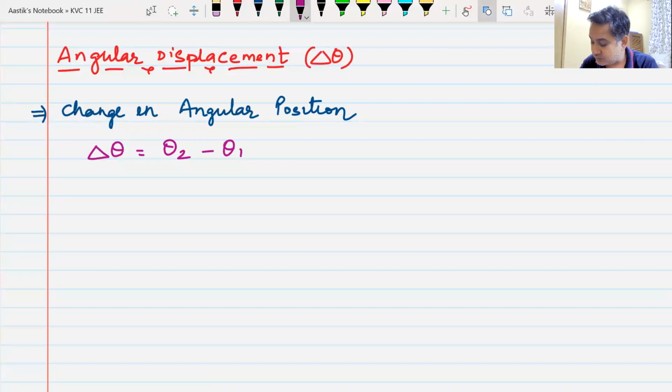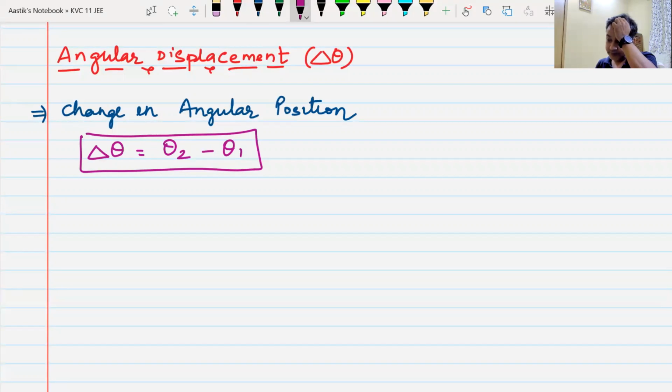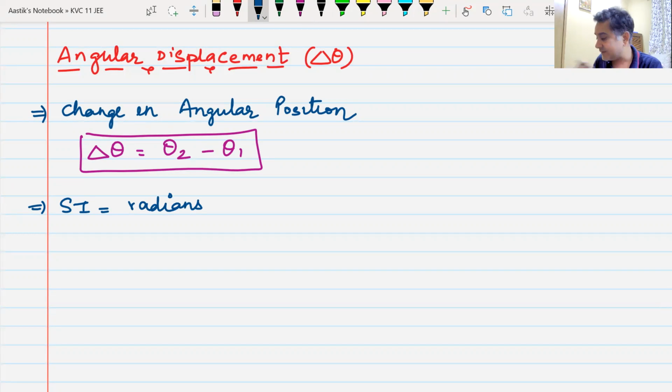So far, so good. Do we understand this? Now again, since it is change in angle, the SI unit remains same. SI unit is radians. It is again dimensionless because it's an angle, change in angle, it is dimensionless.